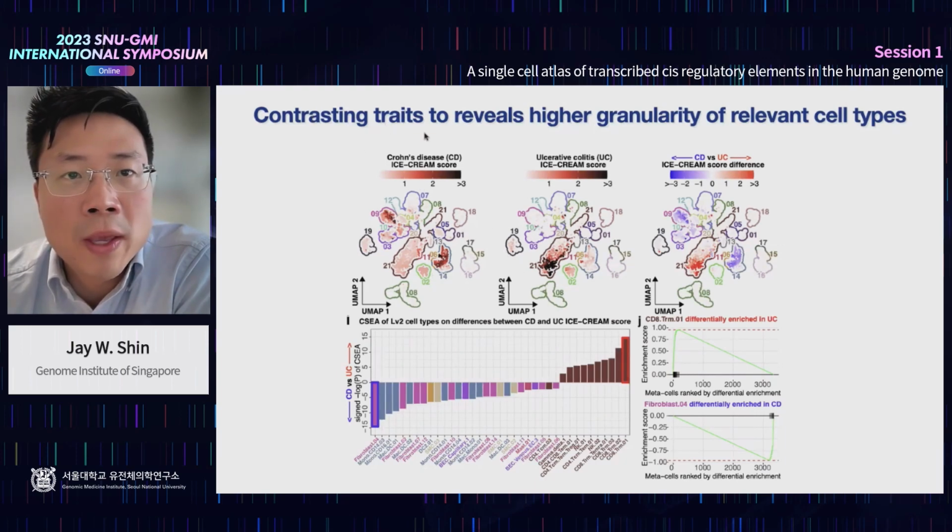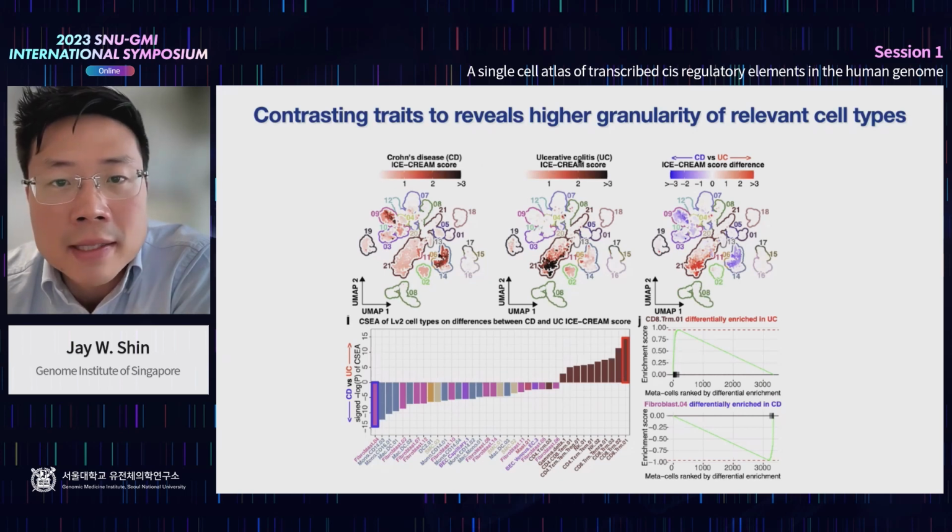But what we can do with this type of data set is contrast different traits. So here we can contrast Crohn's disease versus ulcerative colitis, and we can see which immune cells are quite different between these two disease types.